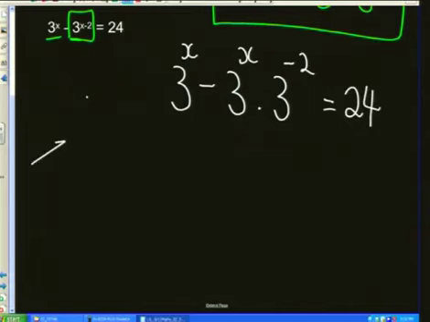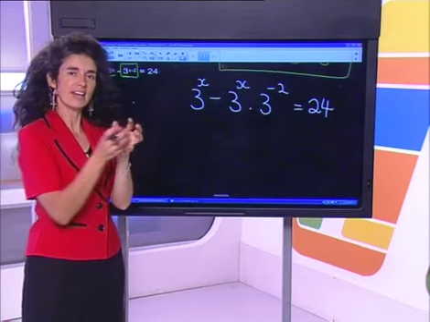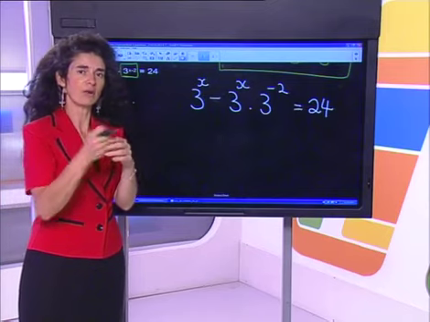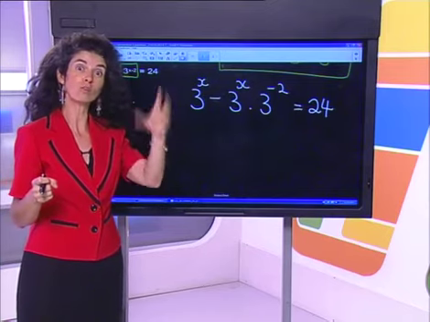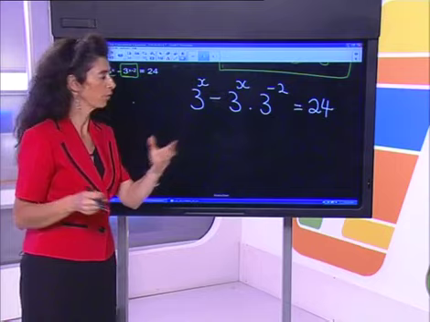The biggest error and your biggest temptation with this question is to actually say that if I had to take out a 3 to the x as a common factor, that I would be left with a minus 1 to the negative 2. That's what people often do, they take the base out, they take the exponent out, and they have what I call floating exponents. They don't know what to do with them.